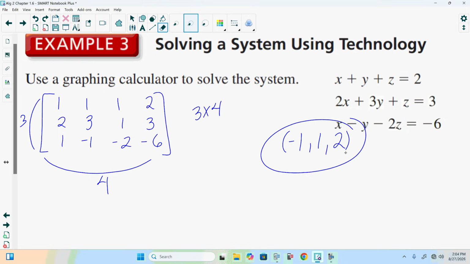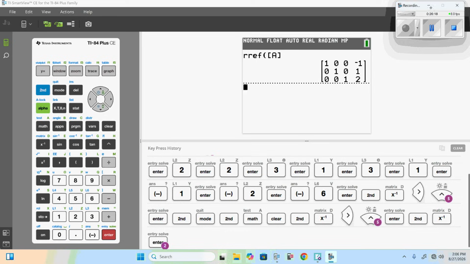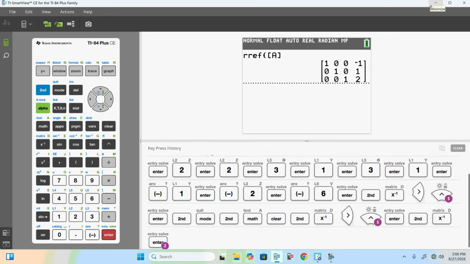Say it one more time. Looking at the top, X is X, Y, Z, because of how we did it a minute ago. Yeah, that's it. So negative 1, 1, 2.